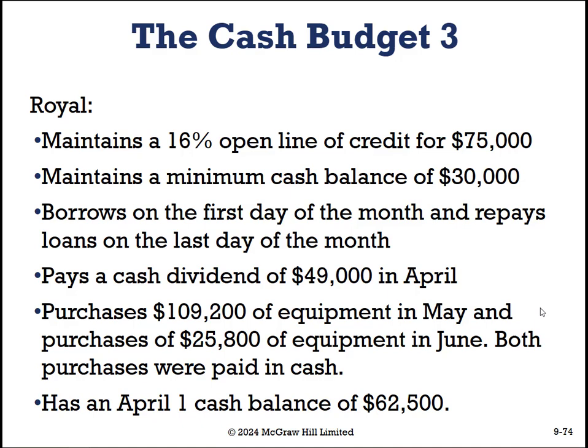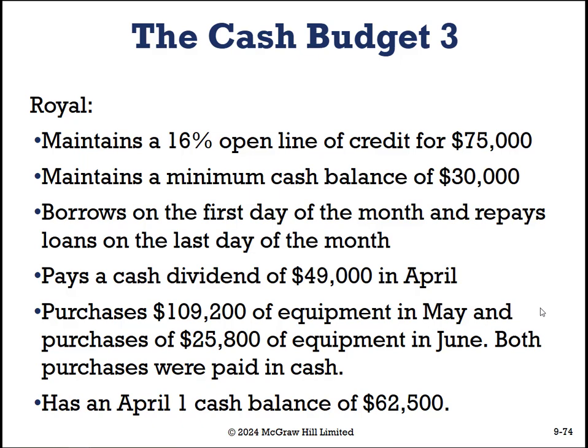They pay a cash dividend of $49,000 in April. So other than what you saw in our preceding schedules, they also had a cash dividend of $49,000 in April. They bought some equipment, $109,200 in May, and $25,800 in June, all of cash. And we started April 1 with a cash balance of $62,500.